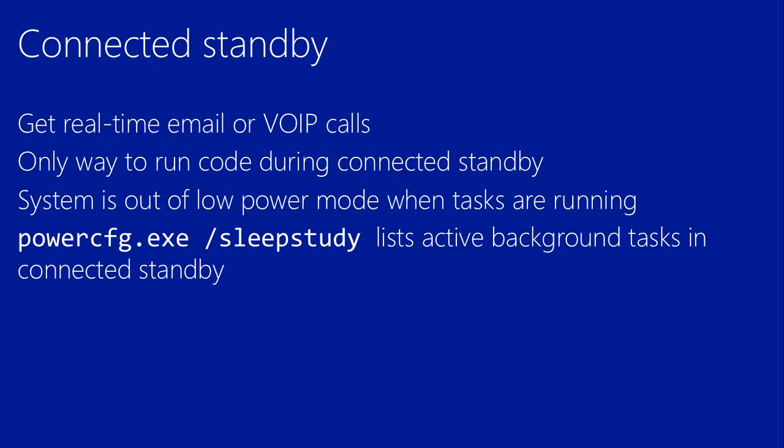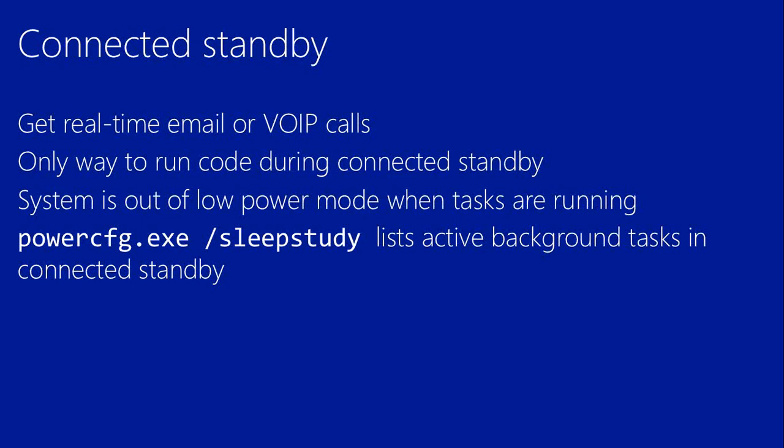When you're trying to run code in this mode, the system is taken out of the low power mode. If your code requires network connectivity, the network is taken out of low power mode, and then you can run your application. So you can basically get real-time emails or VoIP calls in this connected standby mode.